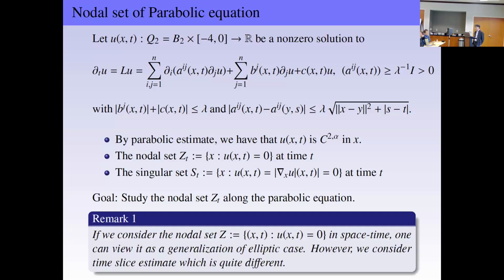If we consider the nodal set in space-time, but not a time slice, that means all points (x,t) such that u(x,t) equals 0, not fixed at time t, then you can view it as just a generalization of the elliptic case. But here we consider the time slice estimate, and we will see below that this is quite different, and actually it's very subtle.